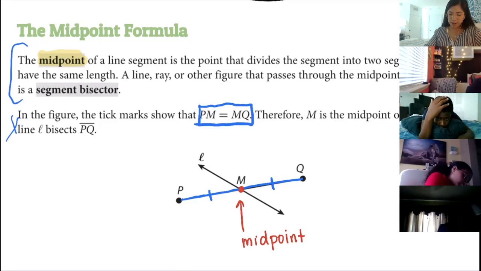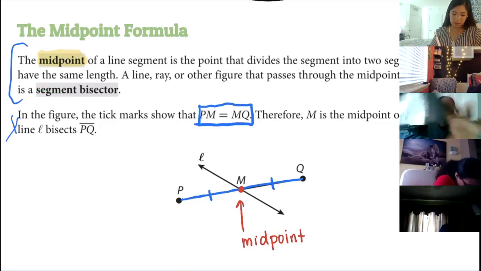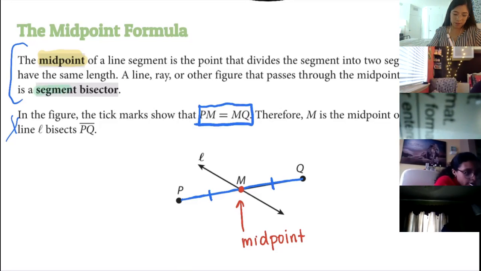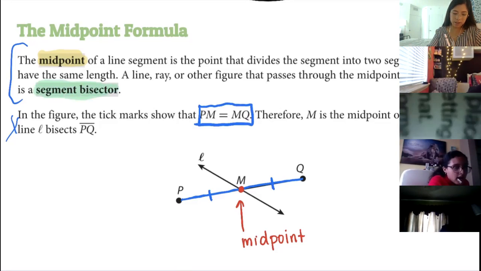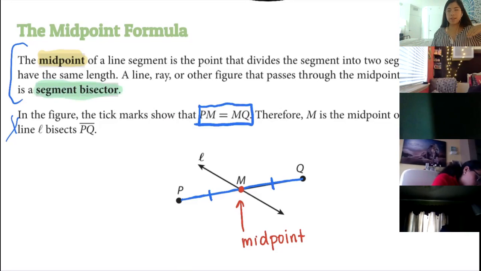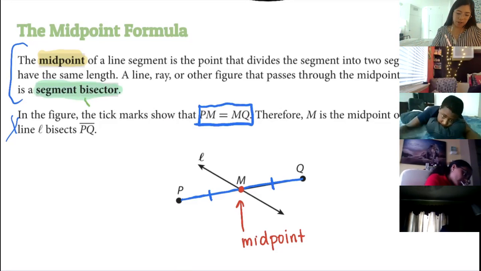The last bit is the segment bisector. Segment bisector is also kind of exactly what it sounds like. So we know a segment is just part of a line, and then what is bi in general?